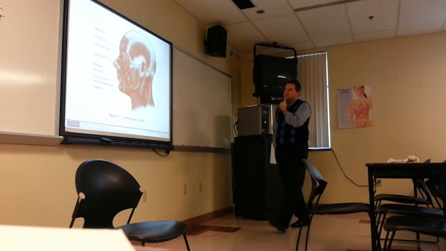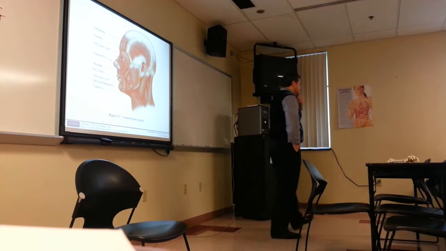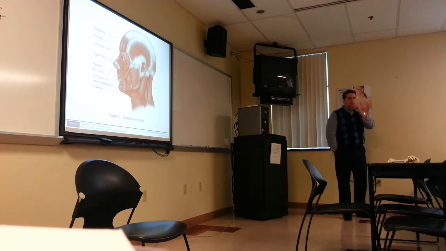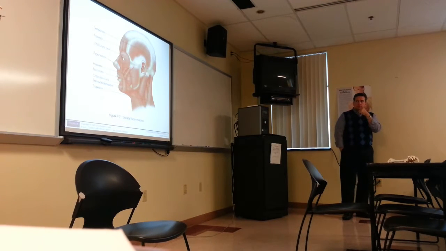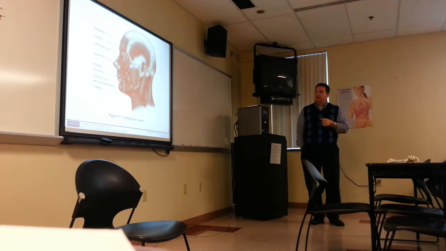The temporalis, the masseter, and the medial pterygoid, the three main muscles involved in closing the jaw. Medial pterygoid. Pterygoid spelled with a P, as in Paul, followed by a T, as in Tom. The P is silent. All three of those are innervated by the trigeminal nerve, which is cranial nerve 5.